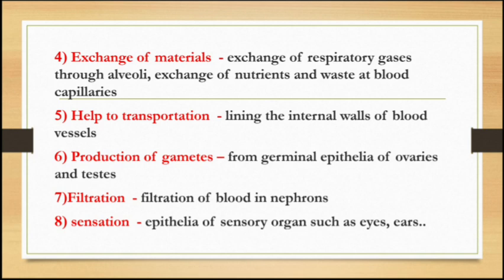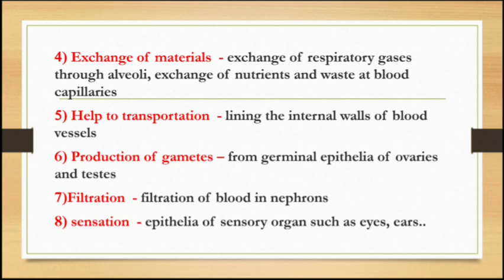Exchange of materials. For example, exchange of respiratory gases through alveoli, and exchange of nutrients and waste at blood capillaries. They are examples of exchange of materials through epithelium. Then, help in transportation: lining the internal wall of blood vessels.